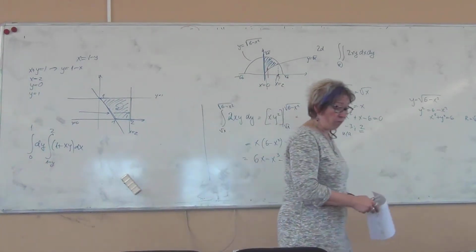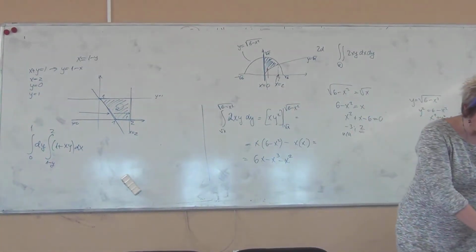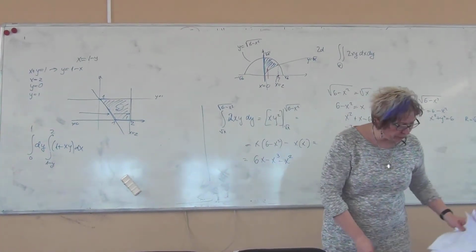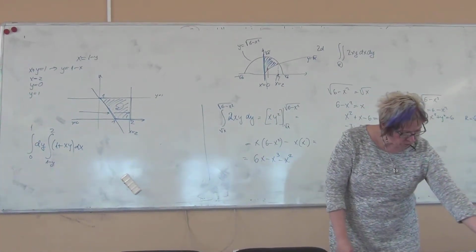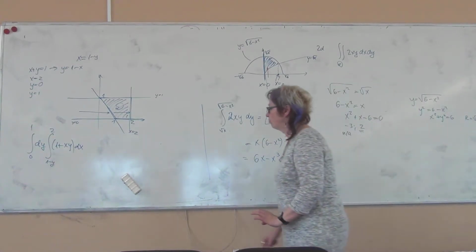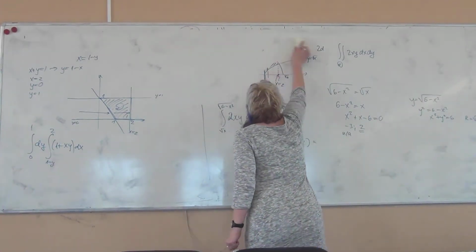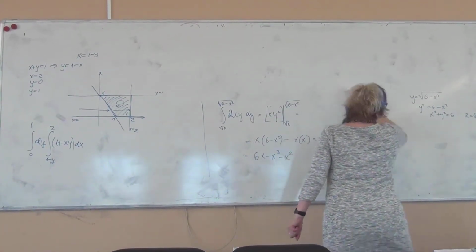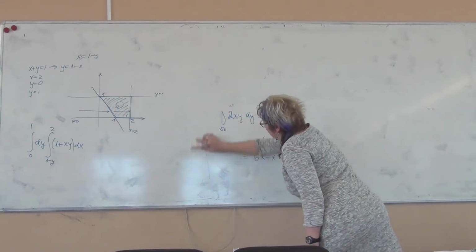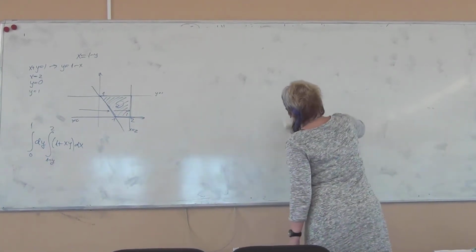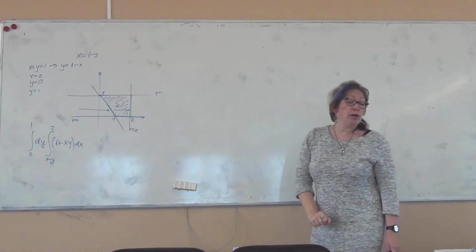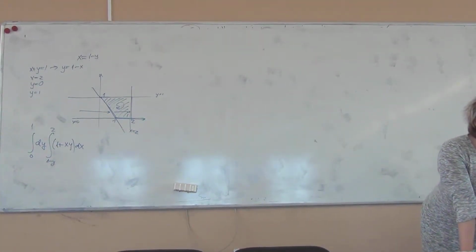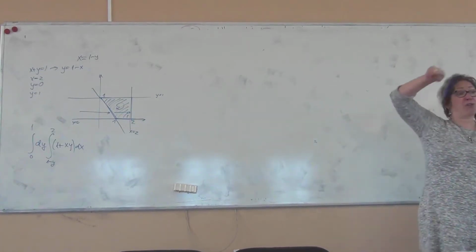Okay. Polar coordinates. So what are those? Polar coordinates are used for practical purposes whenever we are, let's say, going in circles.